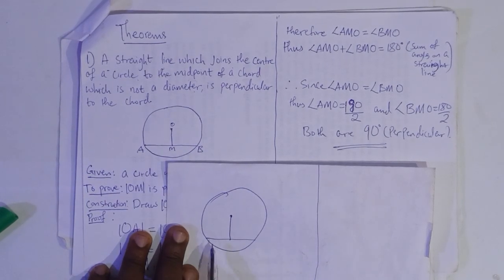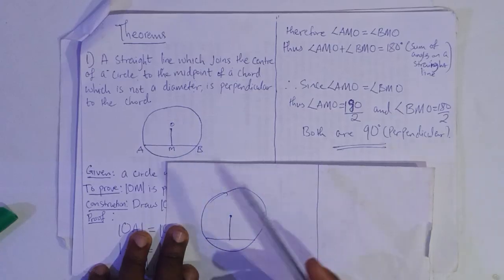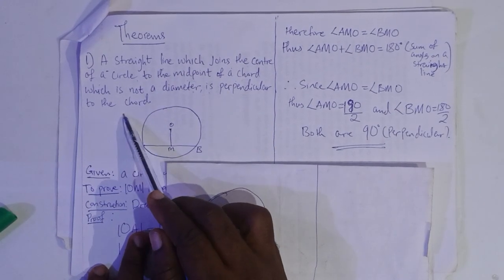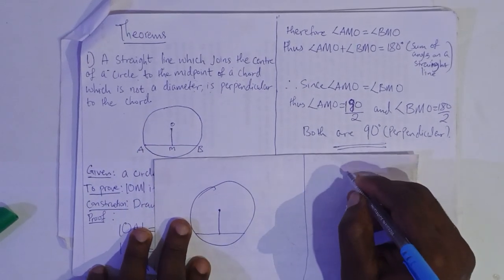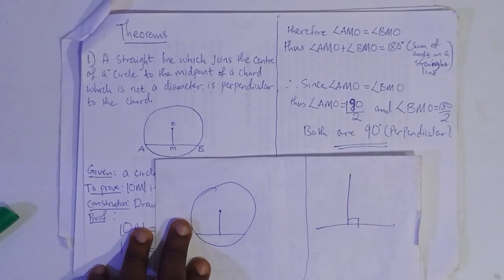So which means the chord could be anywhere else, but definitely not the line that divides the circle into two equal parts. Okay. Now, what is the point it's making? It's saying that that particular straight line is perpendicular to the chord. What's the meaning of perpendicular? Perpendicular is any line that forms an angle of 90 degrees with the horizontal.